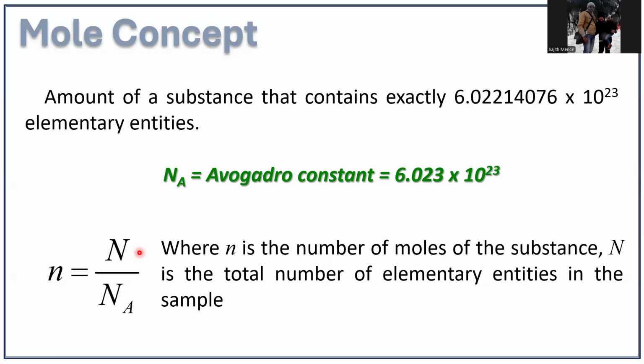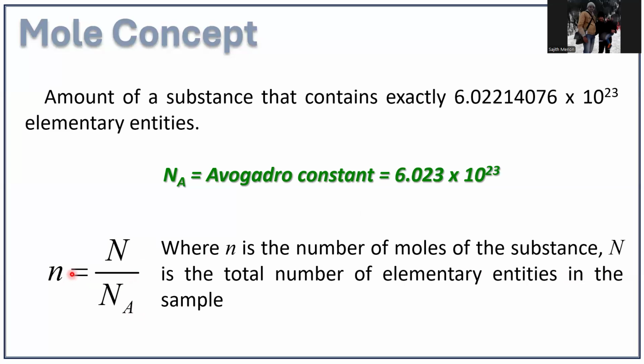That means 24 eggs is 2 dozen. This is the same principle we are using here. The number of moles n can be calculated using the formula n = N divided by Na, where N is the total number of elementary entities in the sample and Na is the Avogadro constant. By using this ratio, you can find the total number of moles of the substance.